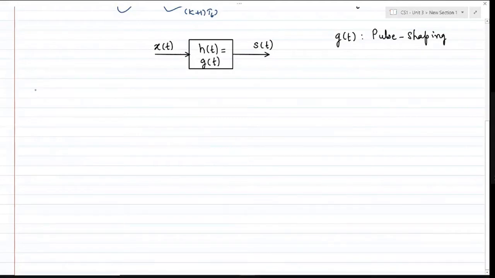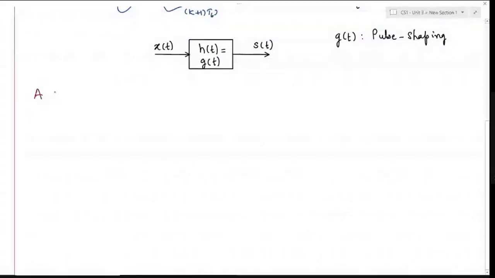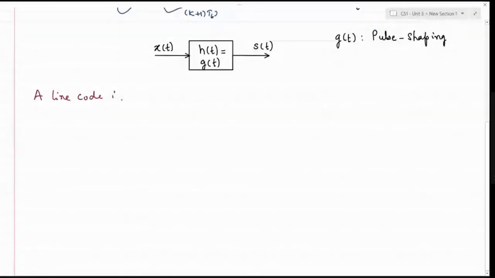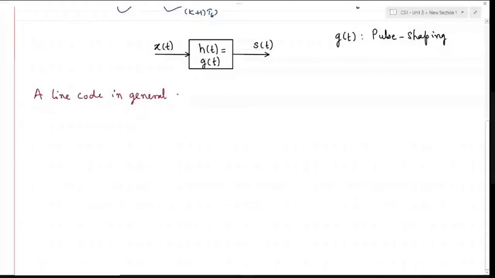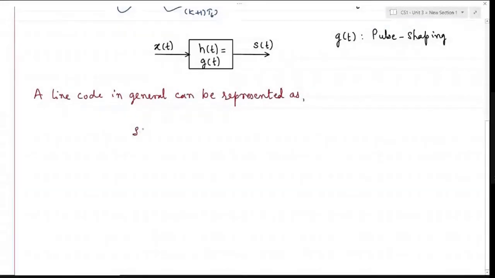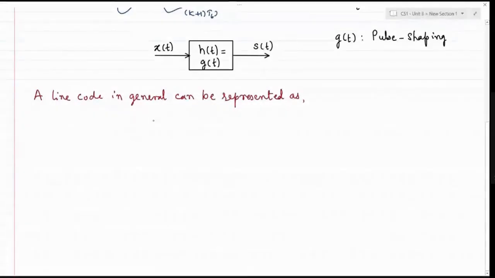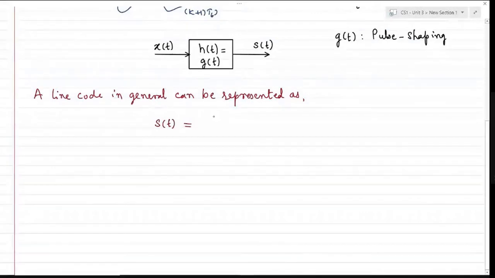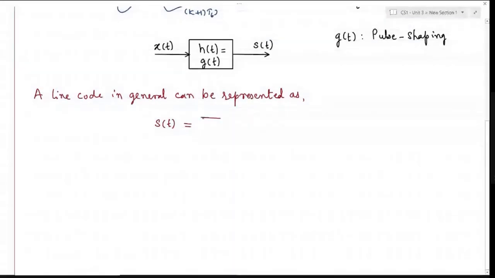Anyway, I can say a line code in general can be represented as s of t, which is your output, which is actually a summation of all these pulses.